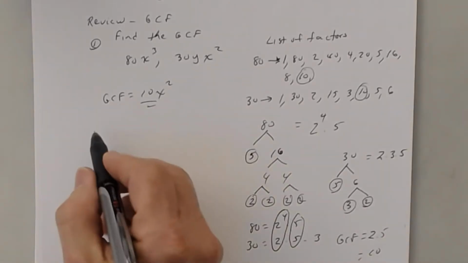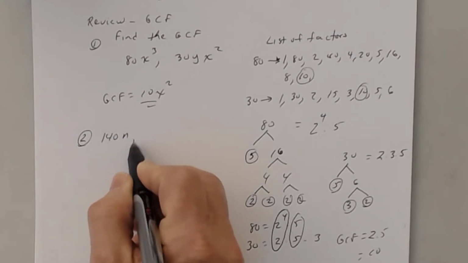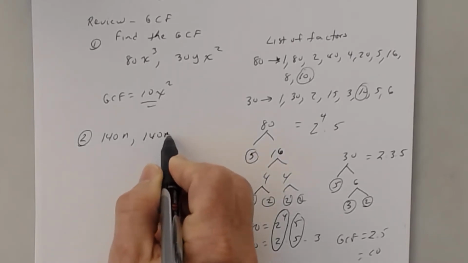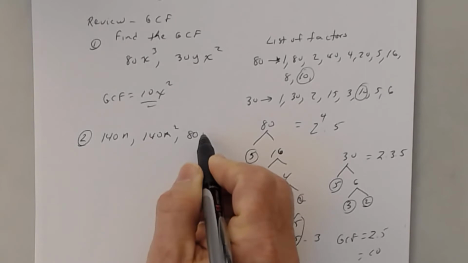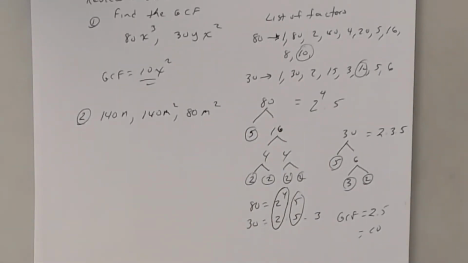So if you look at number 2, you have 140n, 140m squared and 80m squared. All right. So let's look at the coefficients first.